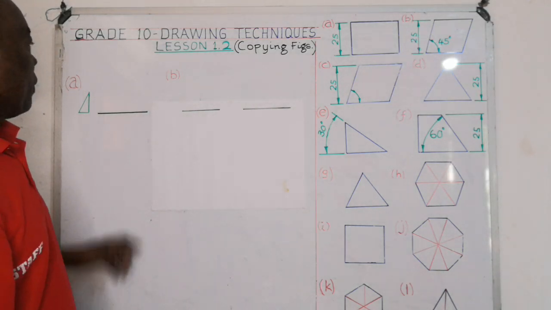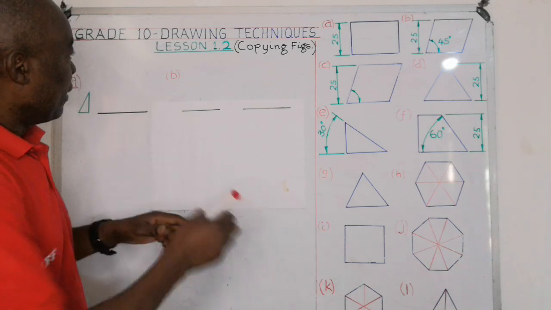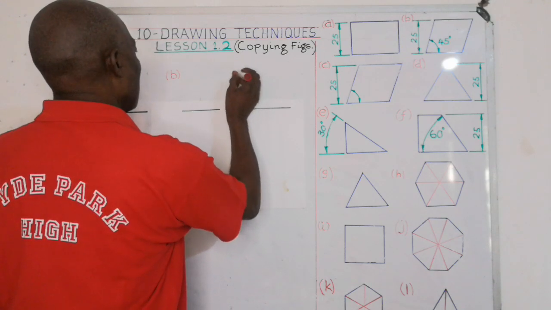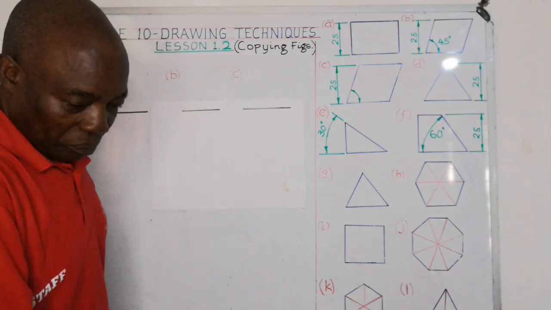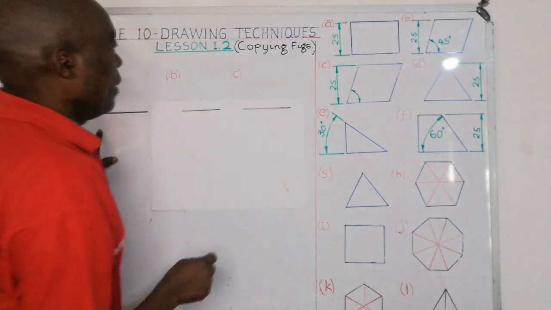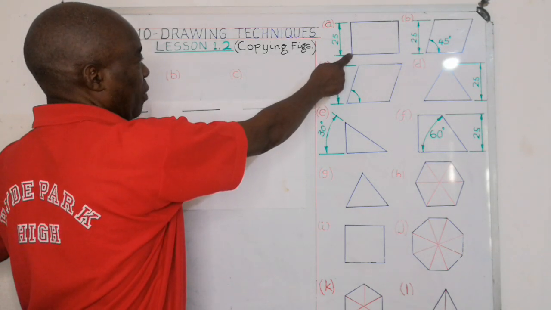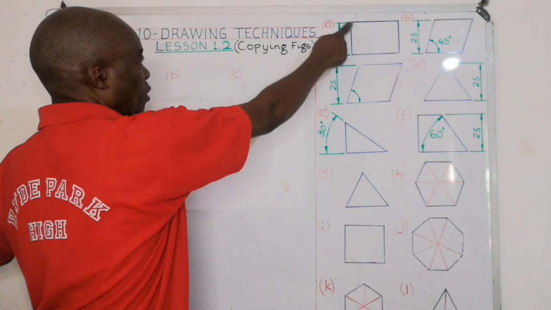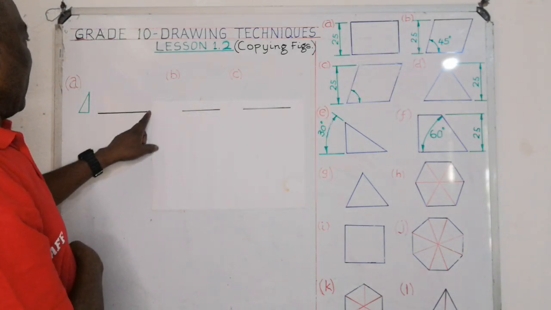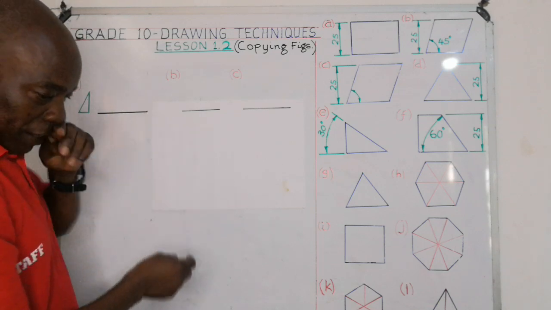Right, so I'm going to start with A, which is a rectangle. We are given that side, which is this one here. So we are going to construct a 90-degree angle, or draw a line at 90 degrees from both corners, this one and that one, which means from here we are going to draw a vertical line at 90 degrees, and the height we are going to measure 25, and then we will finish off.